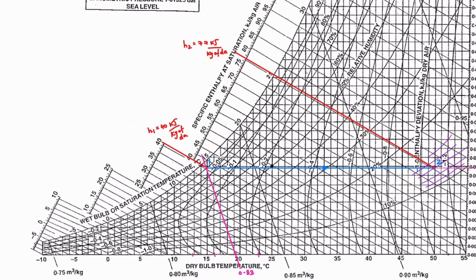Now H2 is known, H1 is known, but m dot dA is not known. Now how to calculate m dot dA? Understand that. I'll write down some equation over here. What is density? Density is equal to mass upon volume. Now this can be written as density equal to mass flow rate upon volume flow rate. Now what is specific volume?